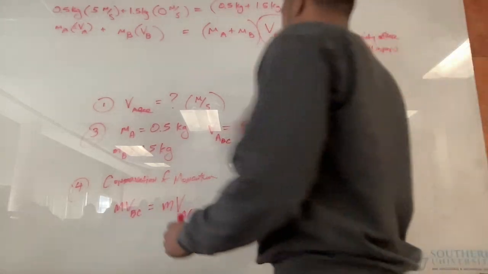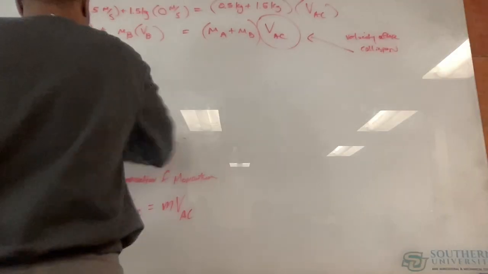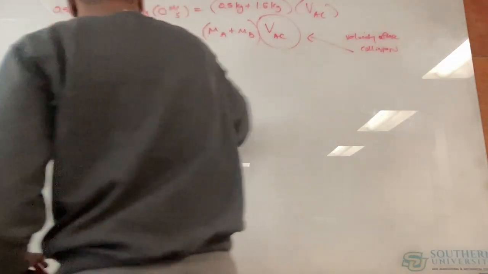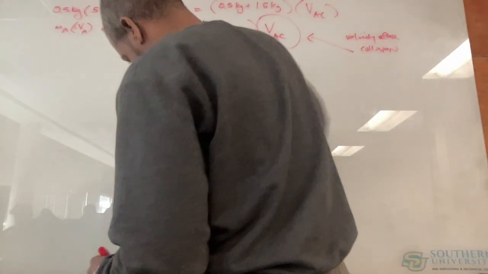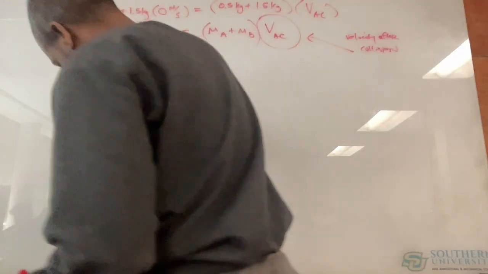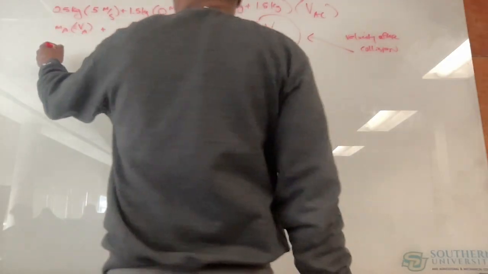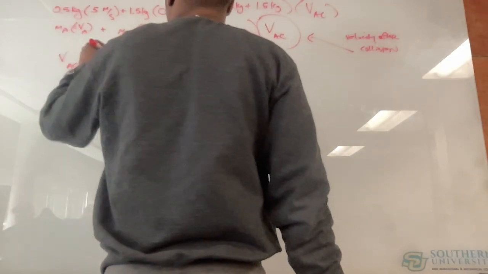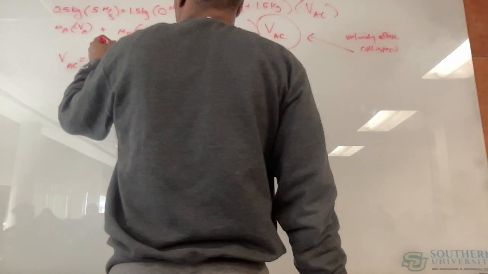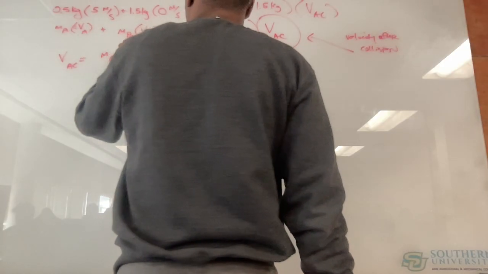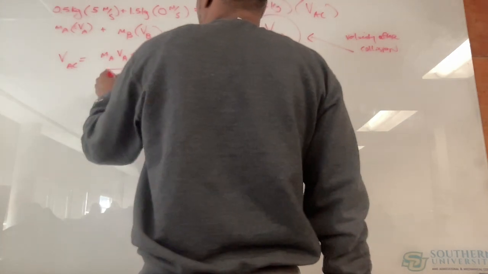So my final answer is V after the collision is what? Mass A times VA plus mass B times VB, all of that over what?